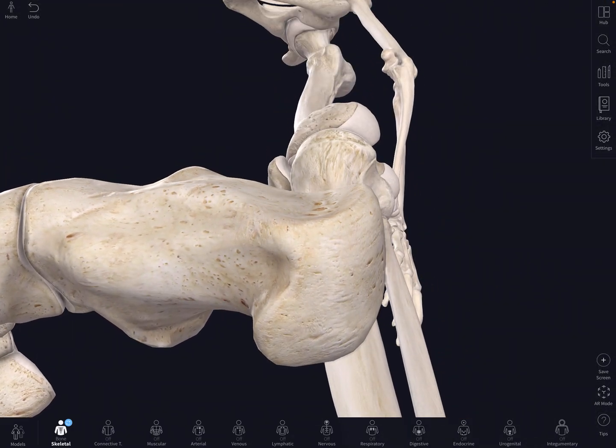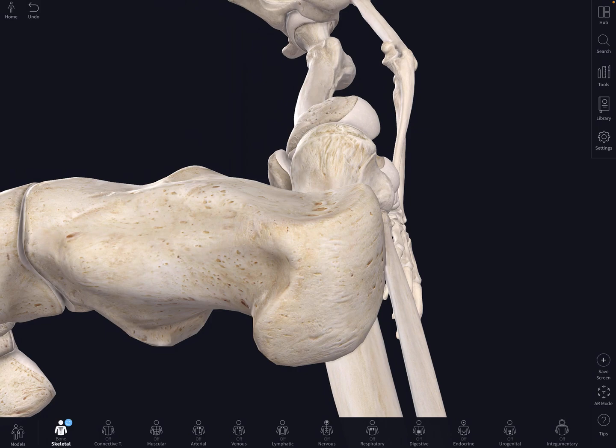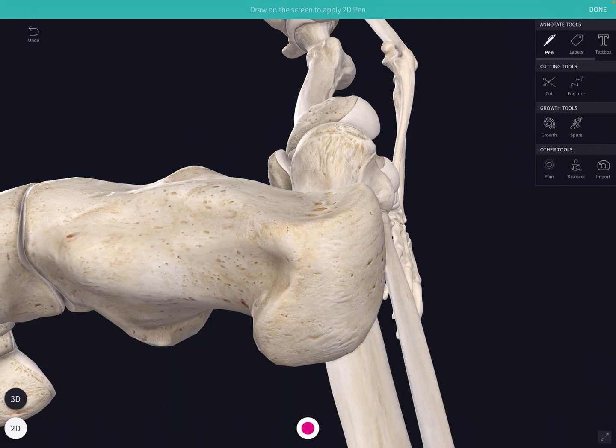This is the inferior or plantar surface of the calcaneum that will sit on the floor, and it's roughened, and it has at its posterior end two eminences. One is the medial and one is the lateral tubercle.